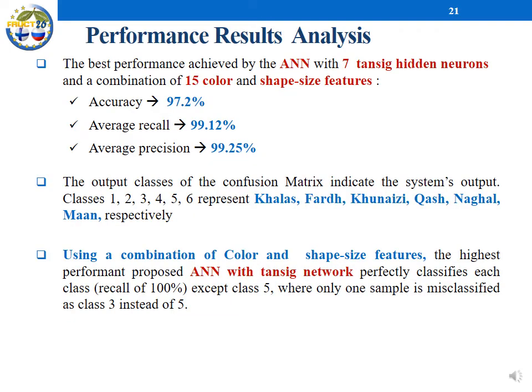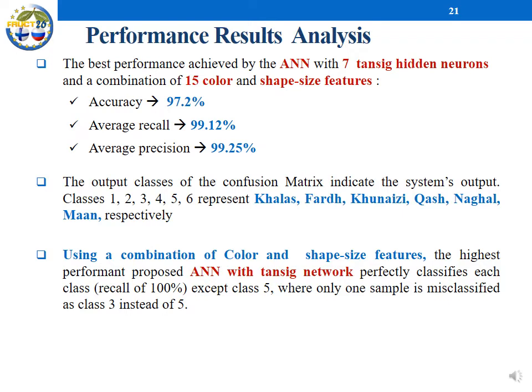The analysis of the results is the following: the best performance was achieved by the ANN with 7 Tansig hidden neurons and the combination of 15 color and shape size features. The accuracy was 97.2%, average recall 99.12%, and average precision 99.25%. The output classes of the confusion matrix indicate the system's output.